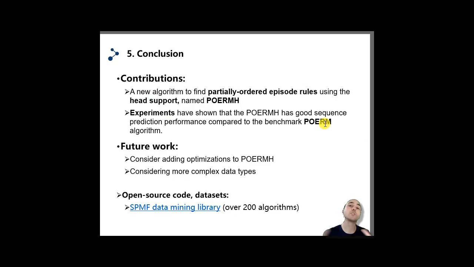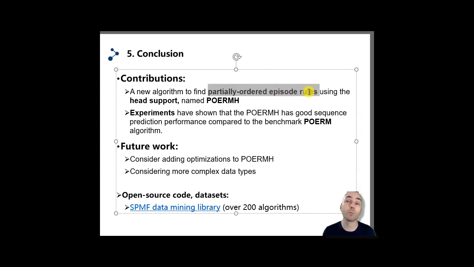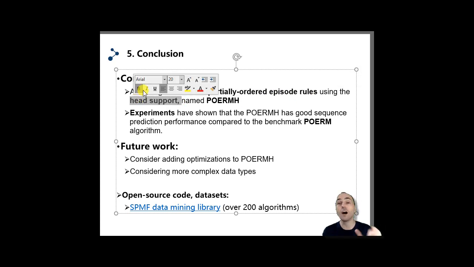So this is just some brief overview about our paper. In this paper, we look at the sequence of events. We try to find the episode rules to try to understand the relationship between the events in the sequence. And before, in a previous paper, we designed the partially ordered episode rules, but here we changed the definition of occurrence, how to count the rule when it appears in a sequence.